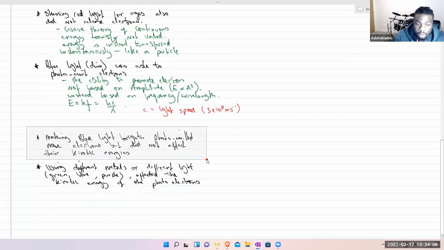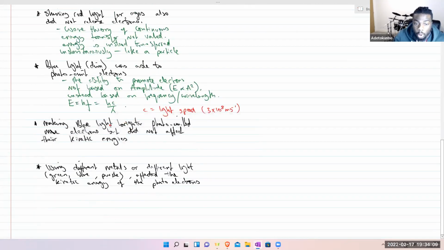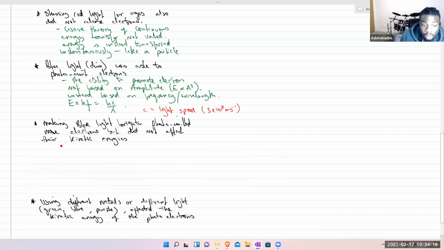The fourth observation: making blue light brighter photoemitted more electrons, but did not affect their kinetic energies. So amplitude does not affect the energy of the photons, but instead controls how many photons.